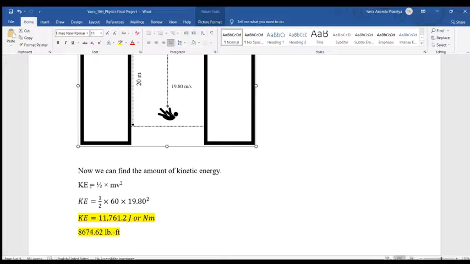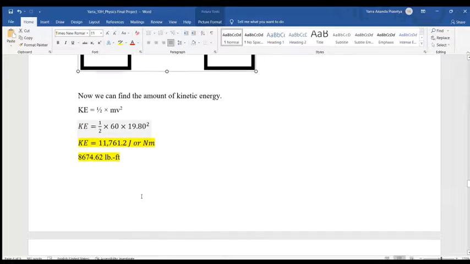So 1 over 2 times 60 times 19.80 squared, and we get 11,761.2 joules or newton-meters. And if we were to convert that to pound-force, that's about 8,674.62 foot-pounds. So remember, the question is whether she'd be able to land into the net safely or not, right?